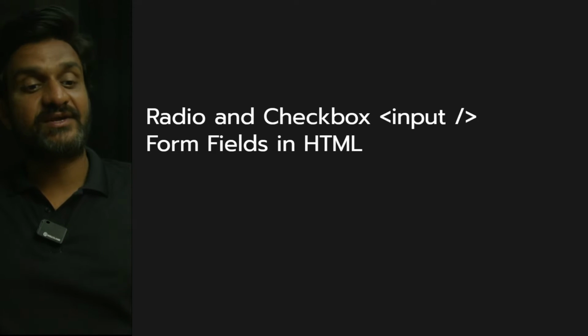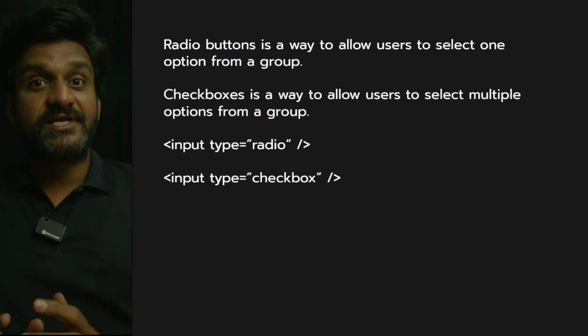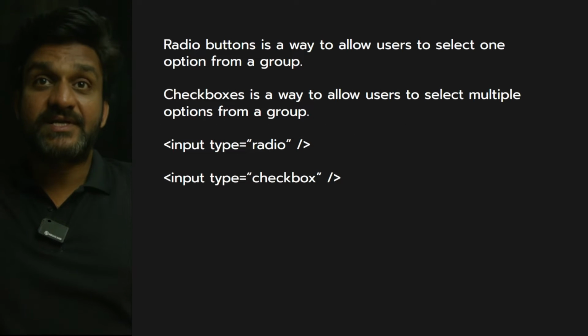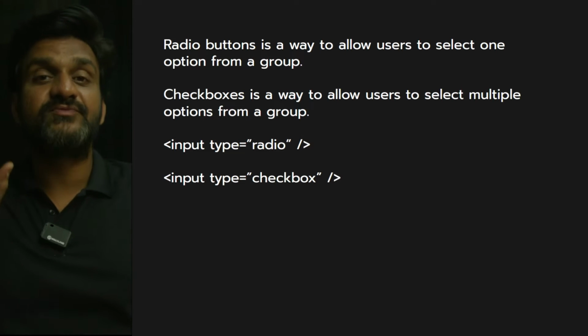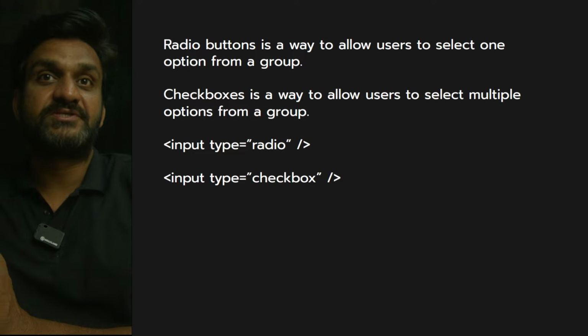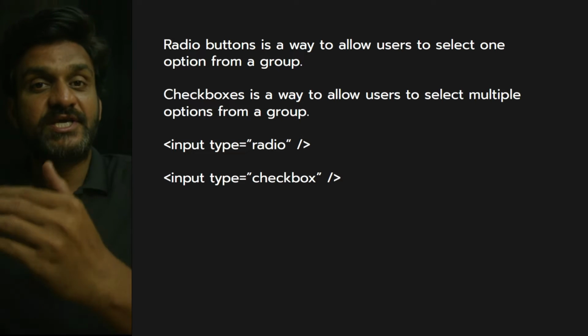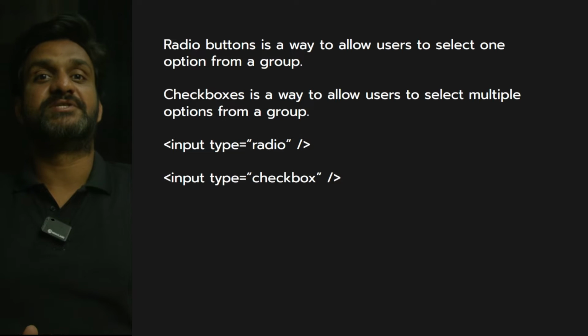So let's start our discussion with radio buttons and checkboxes. What is a radio button? Radio buttons are a way to allow users to select one option from a group. These two, radio and checkboxes, are used to select options from a group of options.